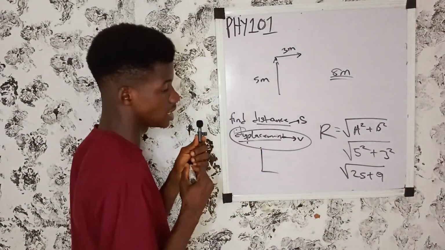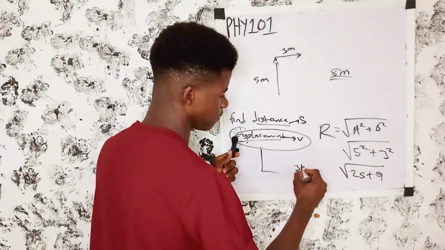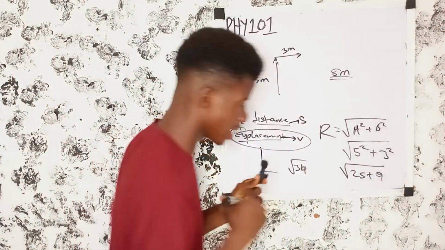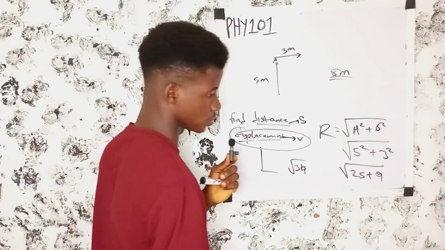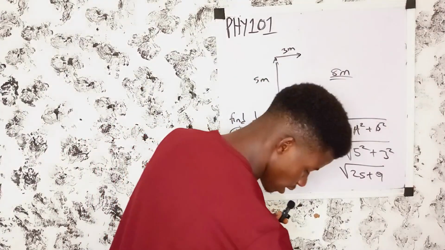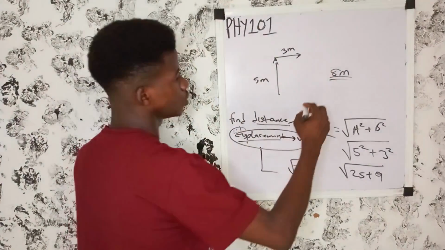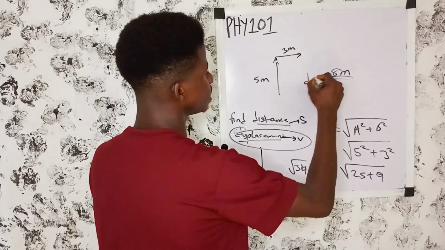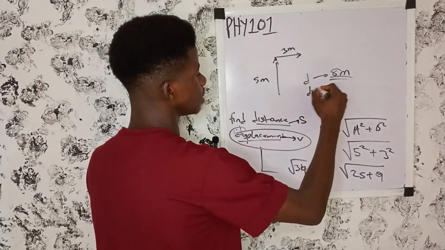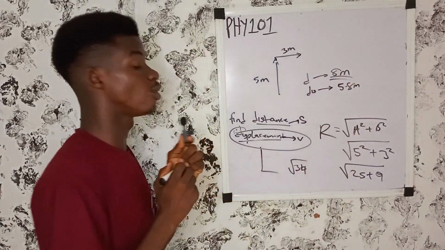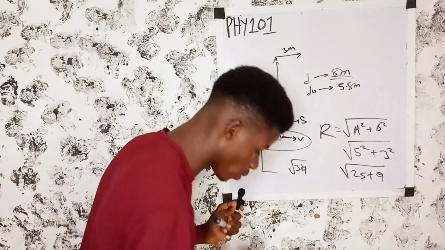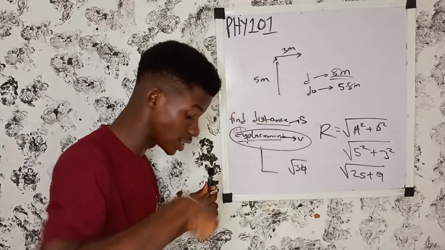If you add them, we have 34. The square root of 34 gives us 5.8. So the distance is 8, while the displacement is 5.8 meters. This is for the last question.